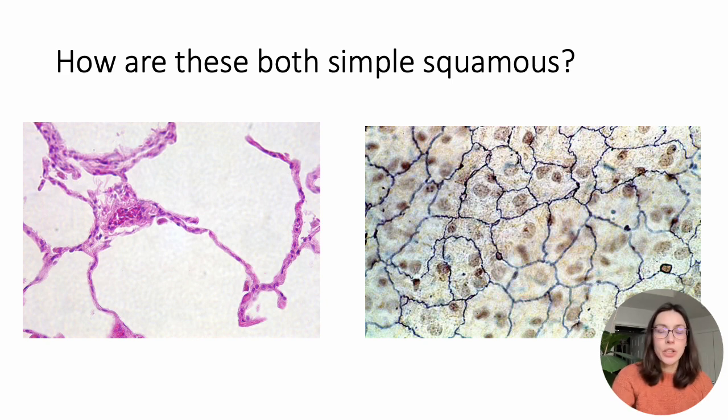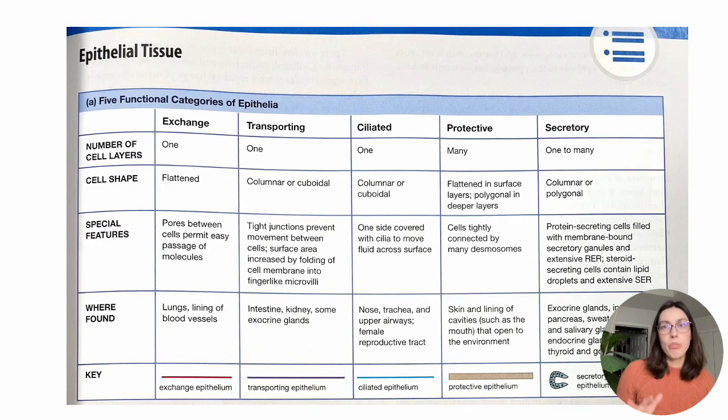For lecture, you will not need to be identifying pictures. However, it's going to be particularly important that you understand how structure relates to function. So I took this from a different textbook, and I like how it identifies these tissues based on their function of exchange, transport, whether it has cilia to move things, whether it has a protective function or a secretory function to secrete things.